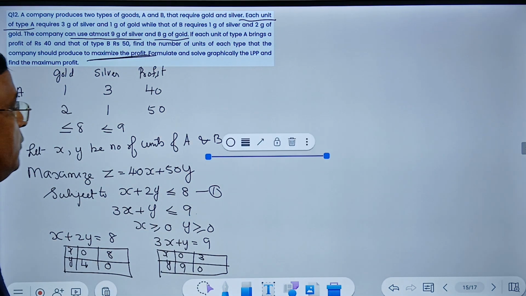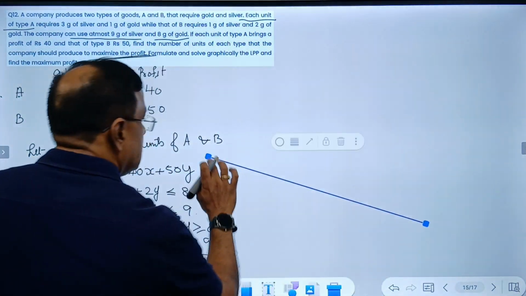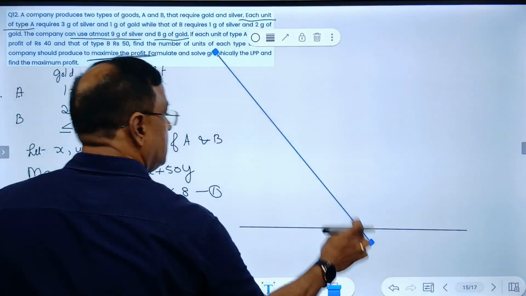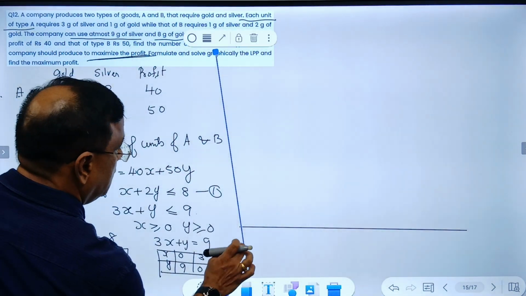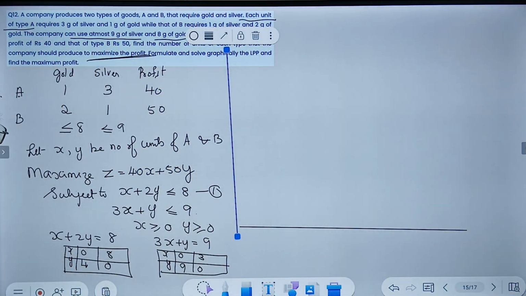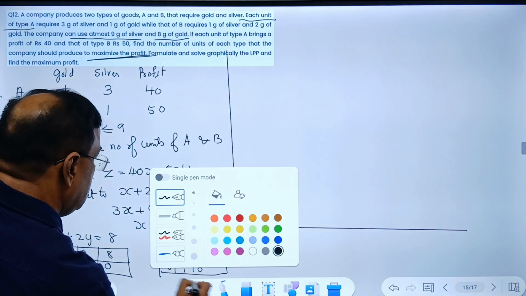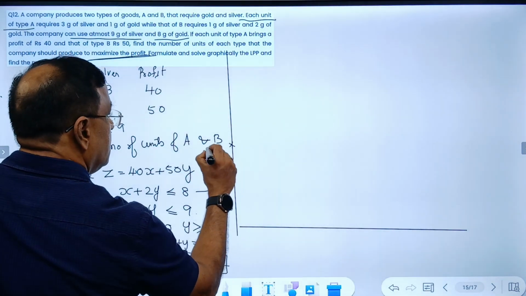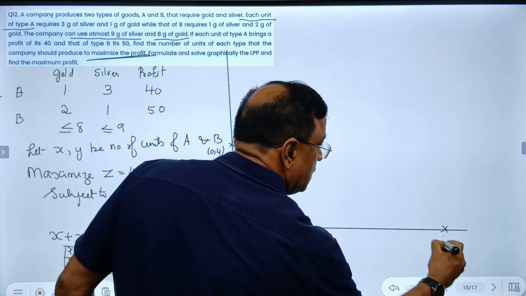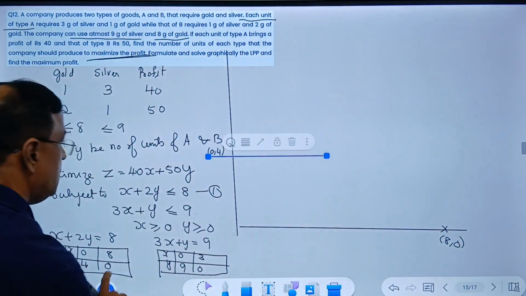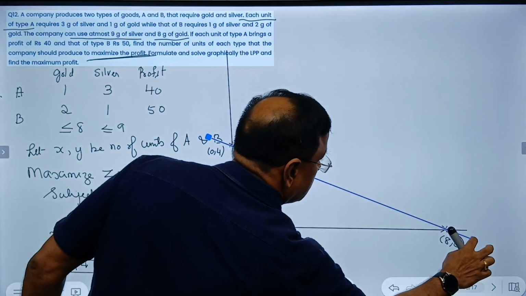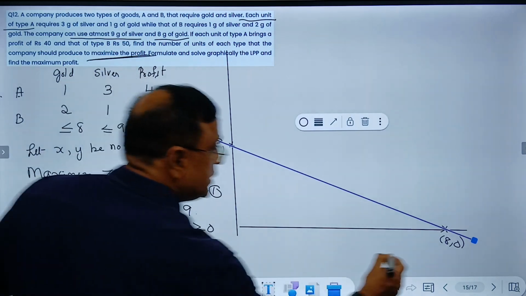So now you have to plot the graph. This is my x-axis, and then you have the y-axis. Now how do I plot the graph? 0, 4 is somewhere here, and 8, 0. Plot the line and you get automatically the straight line.